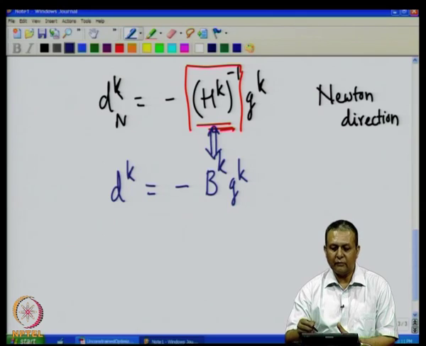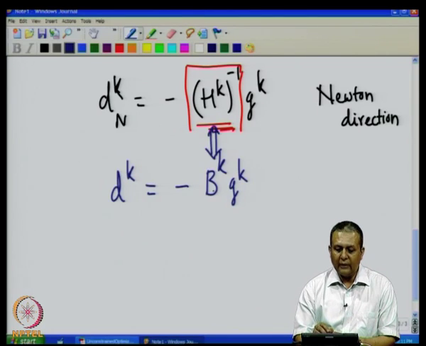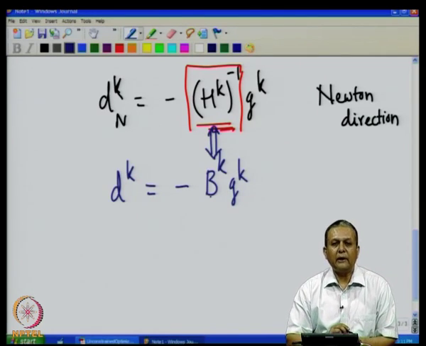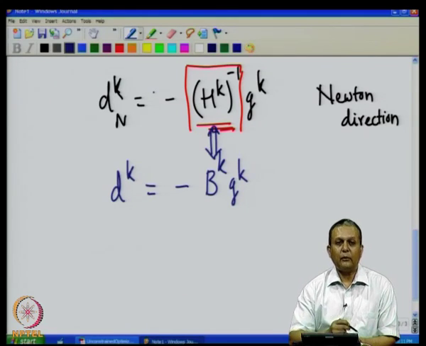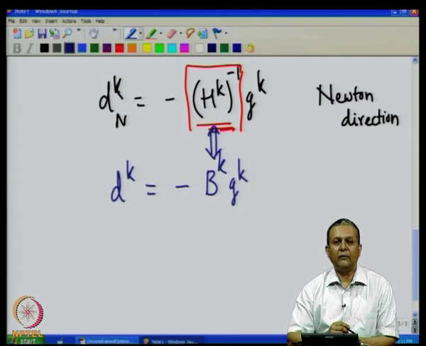of Newton method, or modification of Newton method, is very popular, because if you look at this operation, it does not require inversion of a matrix. So, the computational effort required by this method to find a direction is much less compared to the computational effort required by the Newton direction.